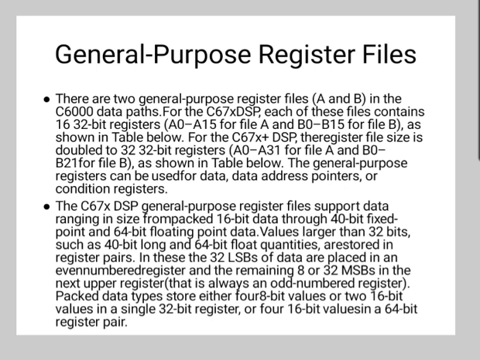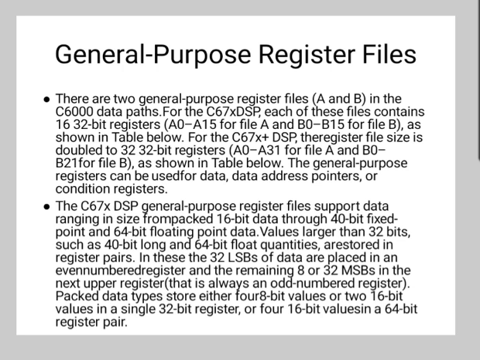So there are 16 valid register pairs for 40-bit and 64-bit data in C67X DSP cores. In assembly language syntax, a colon between the register names denotes the register pair, and the odd numbered register is specified first.